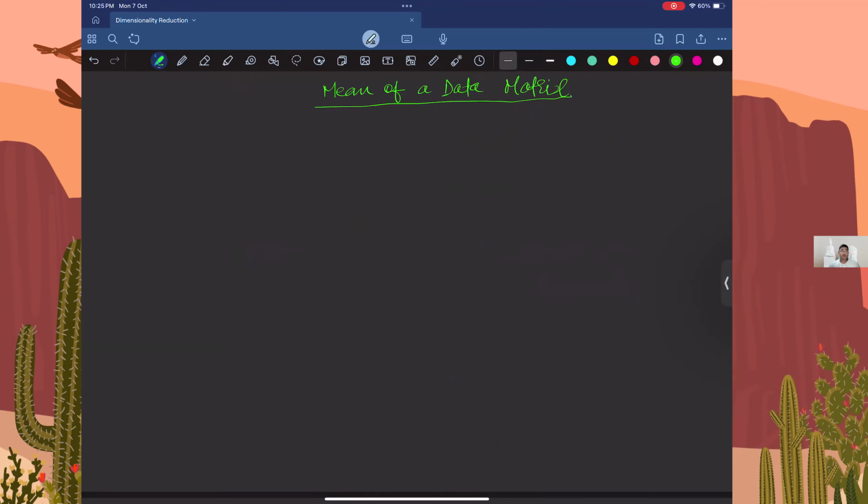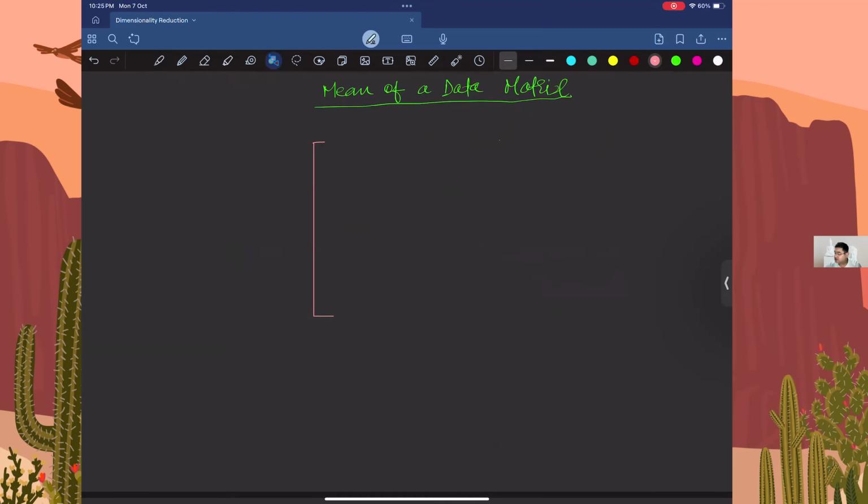Fine. Now let's assume we are given a data matrix. You all know how to draw and write a data matrix. It's a very simple thing. Let me just write a simple data matrix here. We used to write a data matrix like this.